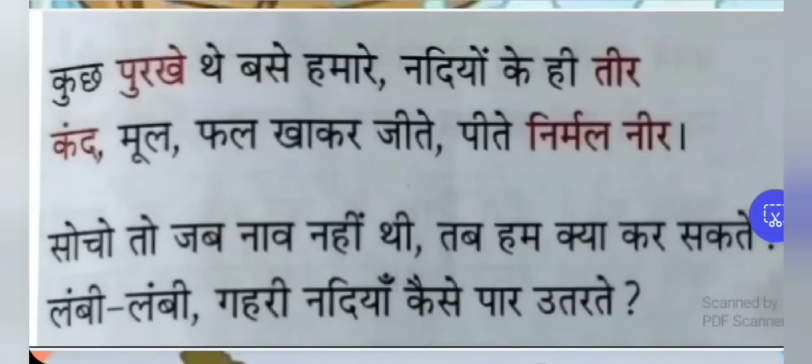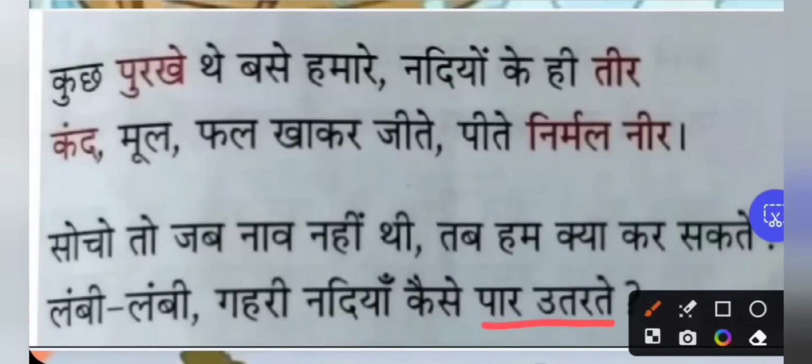So the poet wants us to think about our ancestors, what they would have done when the boat was not there, how they would have crossed the rivers which are very long and deep. Par utarte means crossing. Nahi means when the boat was not there. Think about how our ancestors would have crossed the rivers which are longer and deeper.